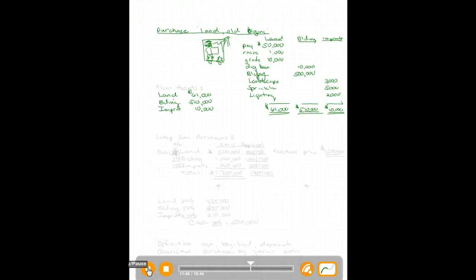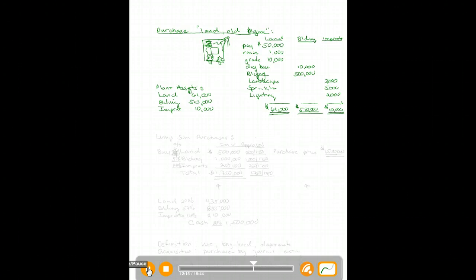All of these would be shown in long-term assets under plant assets, or maybe another term, property, plant, and equipment on our balance sheet. This example just talks a little bit about how a purchase of land and old building and construction costs might get capitalized onto the balance sheet.